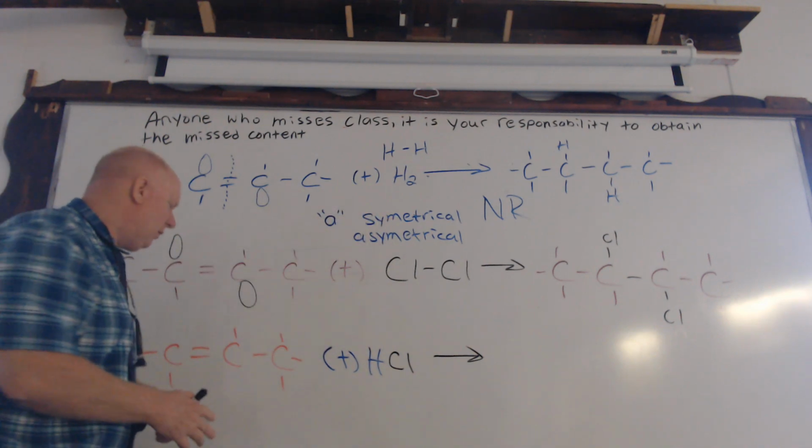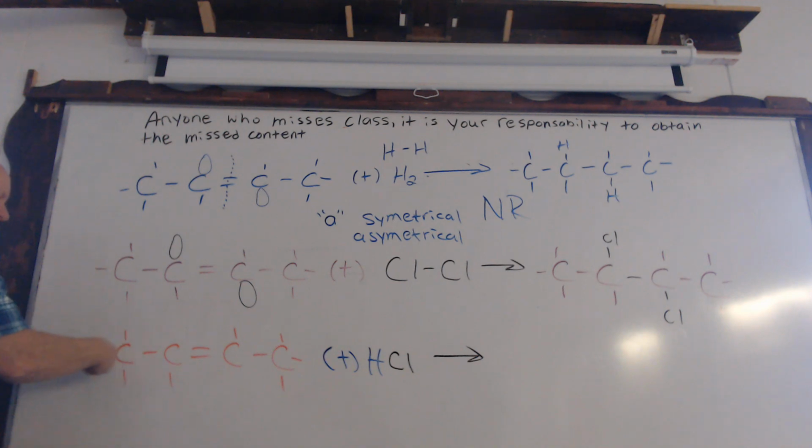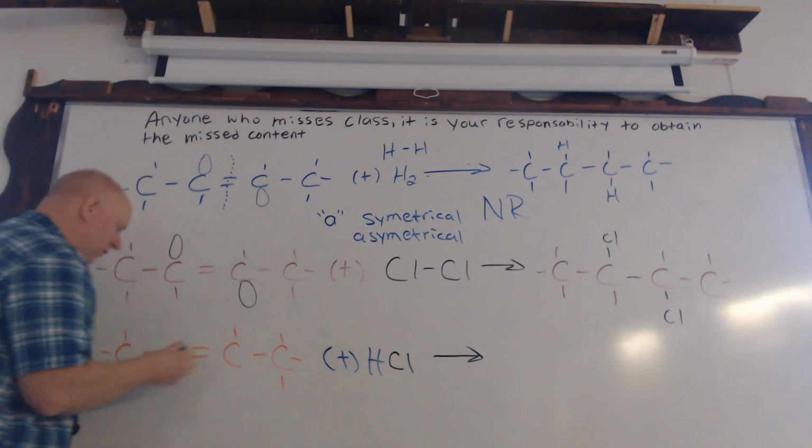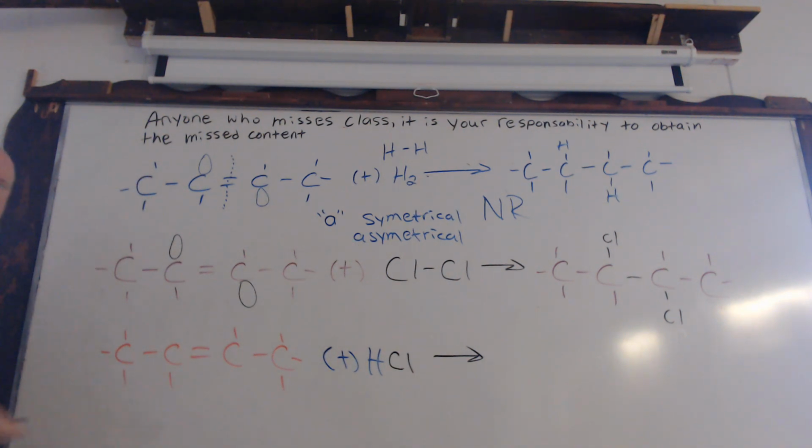Even though you can say, well, we got 7 on this side and only 2 on this side. Right. But because of where that double bond is, it's only asymmetrical when it's on this first carbon. Okay? And there again, that's something that you probably won't pick up on until we actually apply it.